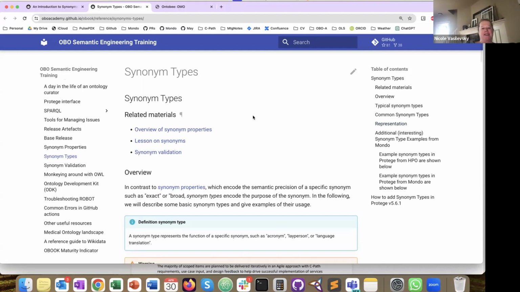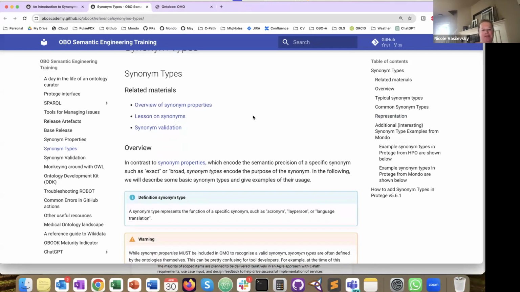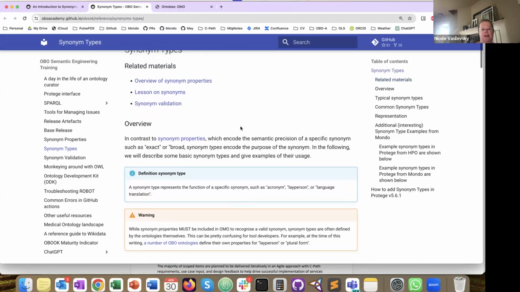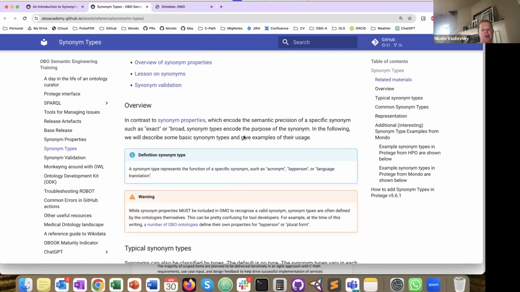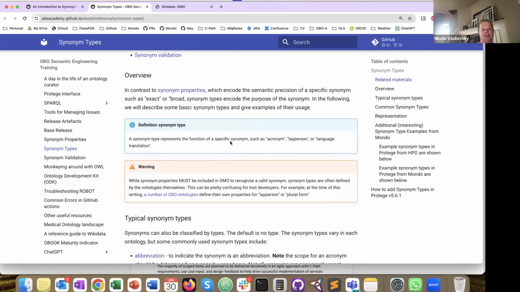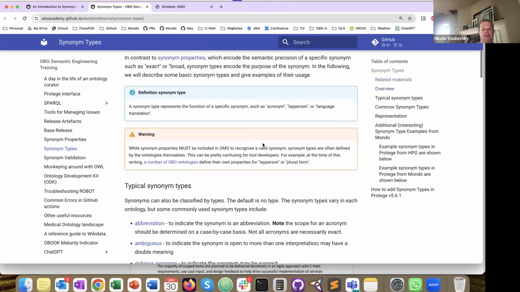Moving on. Okay, so talking about synonym types, and this exact example is going to come up. We have the synonym properties that encode the specific synonym type as exact or broad. The synonym types encode the purpose of the synonym. So the synonym type represents the function of a specific synonym, such as acronyms, layperson, or language translation.